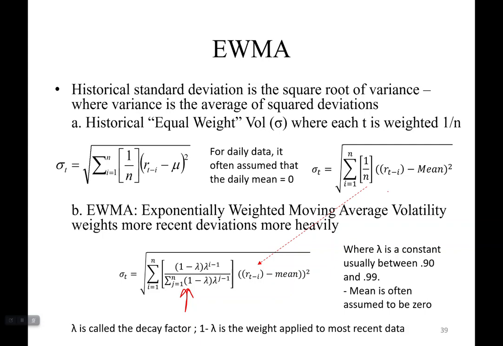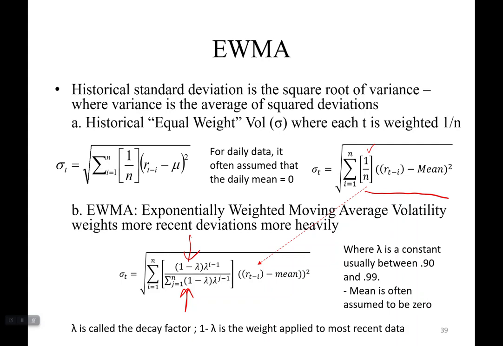All we're doing is taking our simple variance formula. Again, let's just pretend there's 100 observations. Instead of taking the return in any given day minus the mean, squared, times 1 over 100, each day getting the same weight, I'm going to replace that vector of weights with this vector of weights.